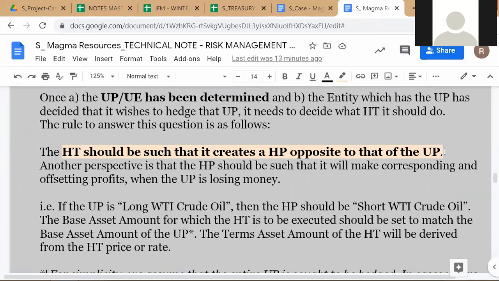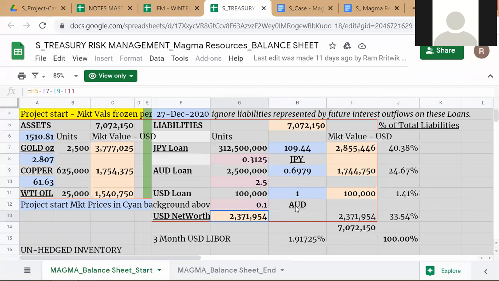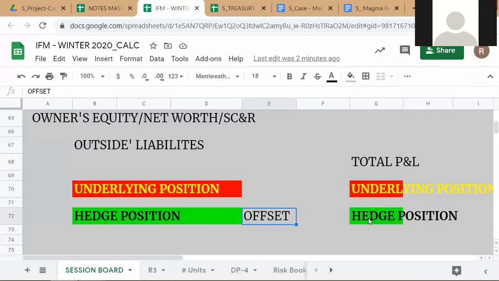If the underlying position is long crude oil, then the hedge position will be short crude oil. So that if crude oil prices fall and the underlying position loses money, the hedge position will make money. So the total P&L will not be affected if you have hedged 100%. The total P&L won't be affected because underlying plus hedge position will be setting off each other.